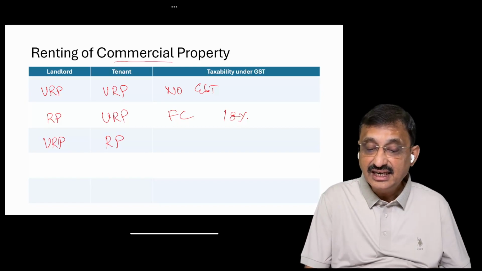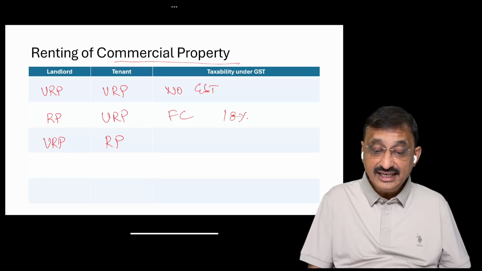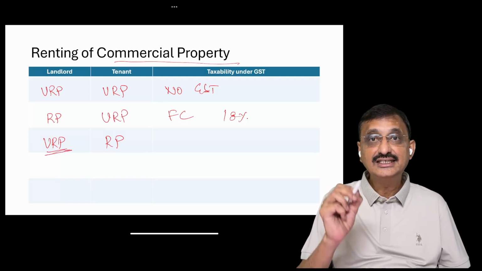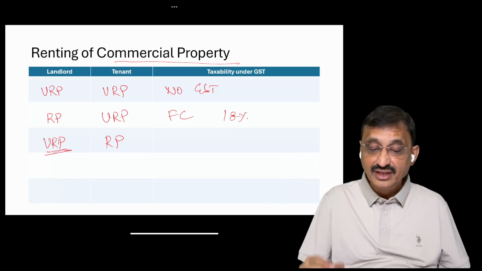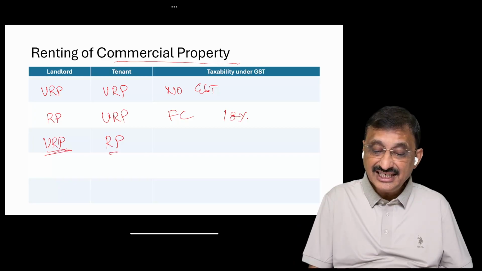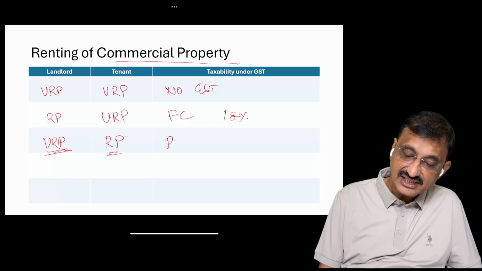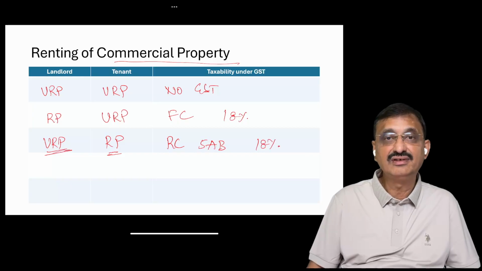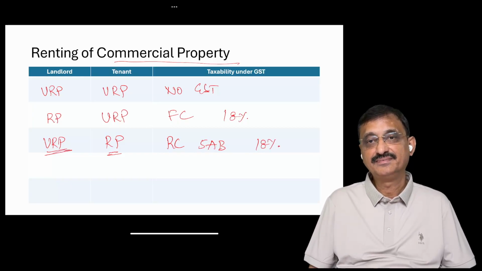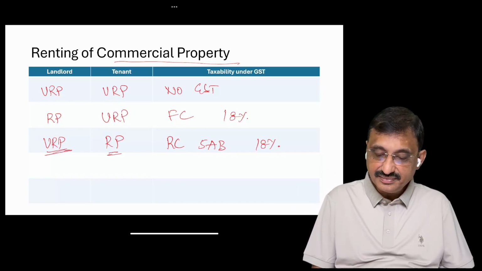This is a commercial property and the unregistered person is the landlord, the person giving it on rent, but the recipient is a registered person. Then reverse charge will come by virtue of entry number 5AB and the rate of GST will be 18 percent.